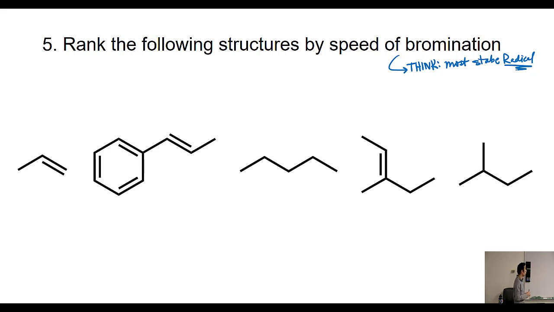So, for the first structure, where do I want to put my radical? Here? Yes. So what I get here, if I resonate, is I get 2 primaries, right?